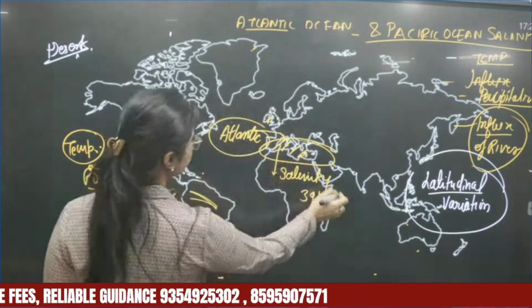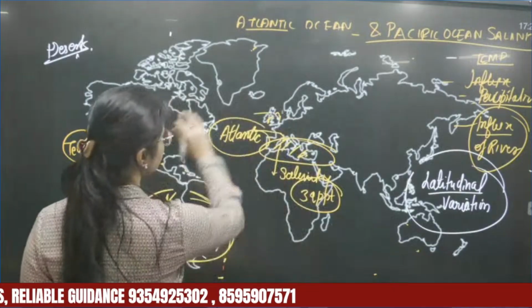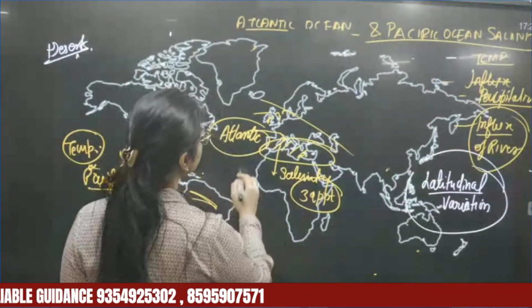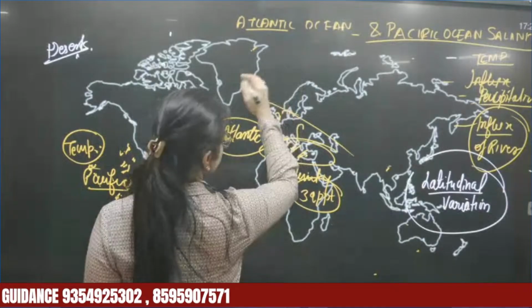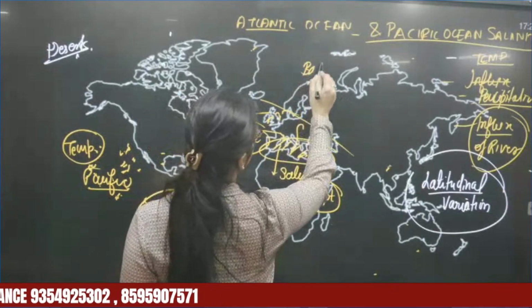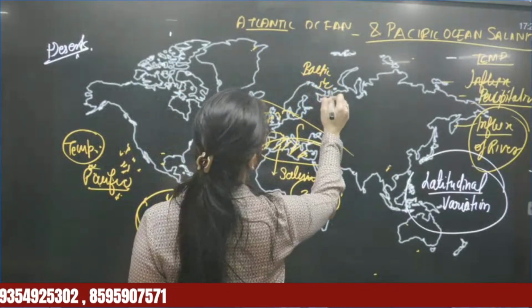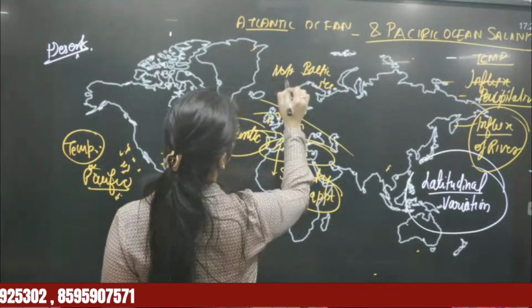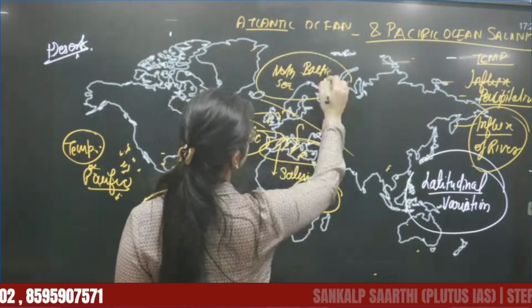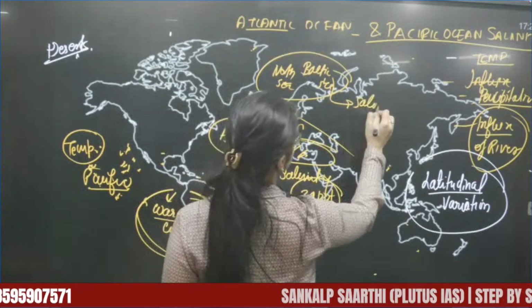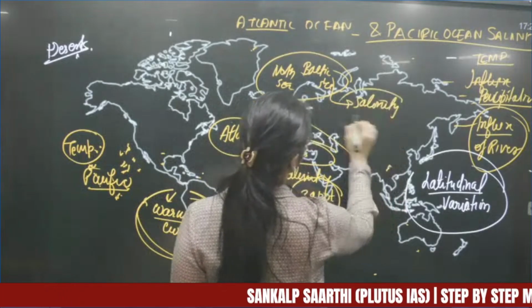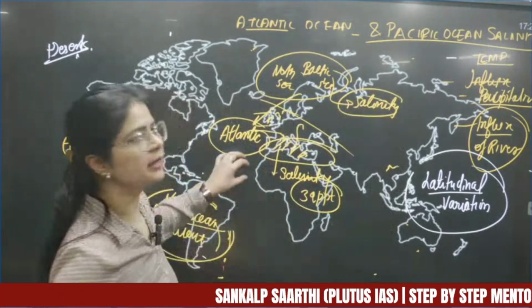And there is less inflow of water, right? In the same case, I am taking the Baltic Sea and the North Sea. All of them are having very low salinity values. Why? As compared to this, both are part of the Atlantic Ocean.